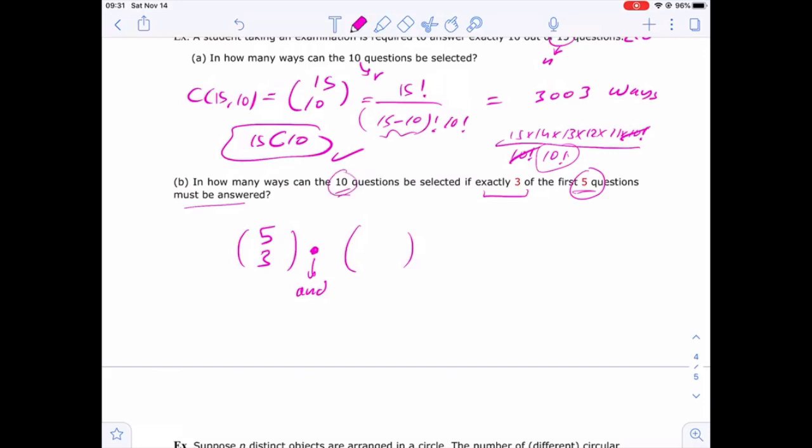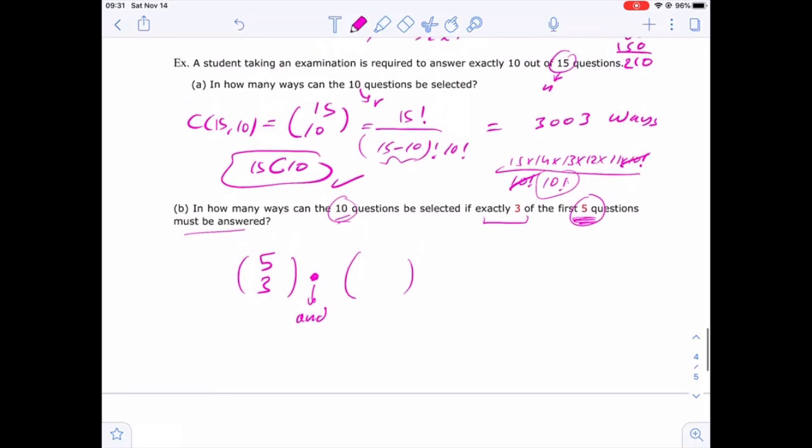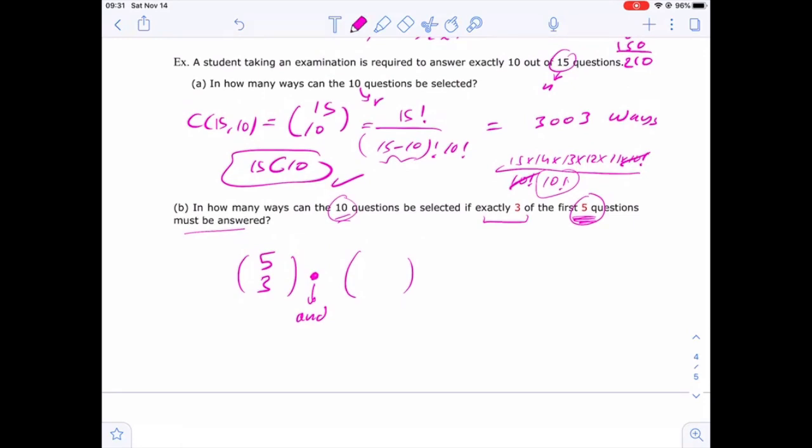So 3 should be from the first 5 questions. This is the first part. And from the rest, which is 10, we answer 7. As you can see, the sum of the numbers on top should be equal to n, which is 15.